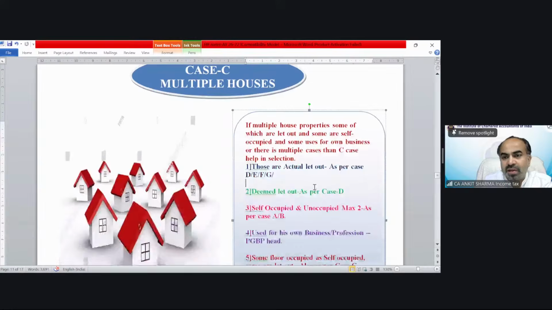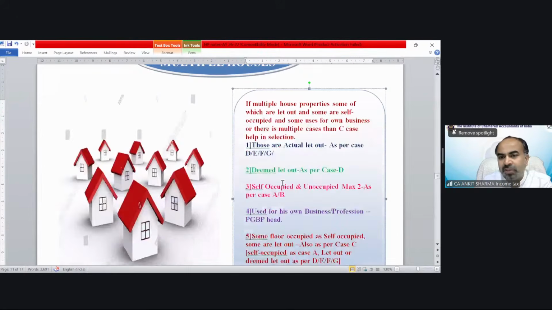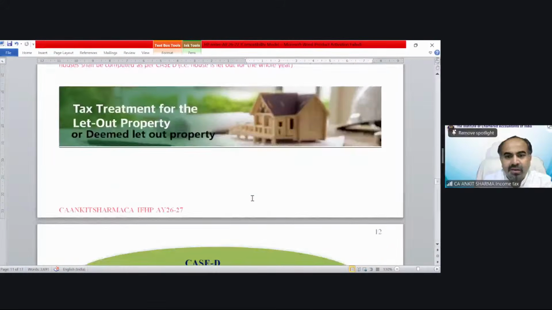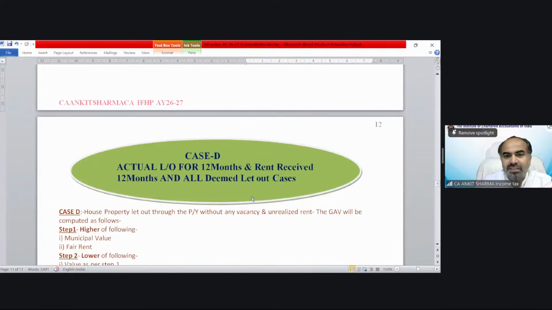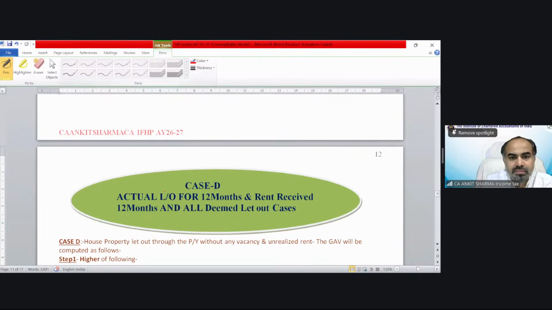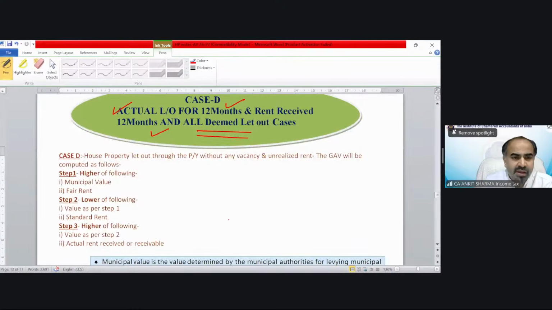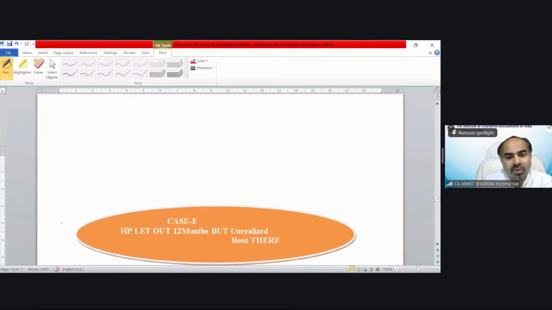Those are actual let out as per case D, E, F, G, deemed let out as per case number D, etc. Then you can see case number D says that actual let out for 12 months and rent received for 12 months, and all deemed let out cases will fall under case number D. You can see step number 1, step number 2, step number 3 to find out the gross annual value.